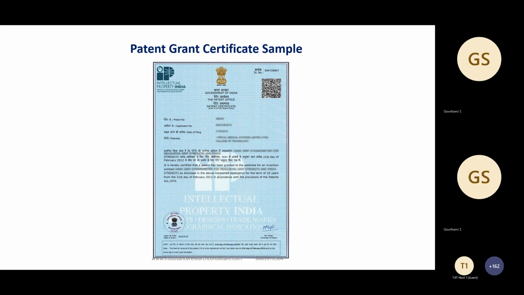They will examine your application and generate a report, which will be sent to the controller. The controller will go through your application again, and if he doesn't understand anything, requires more explanation, or feels that some existing documents are related to the patent, he will give out a list of documents and say that these are the things which have to be addressed from your side.